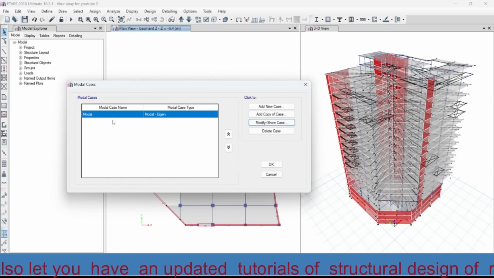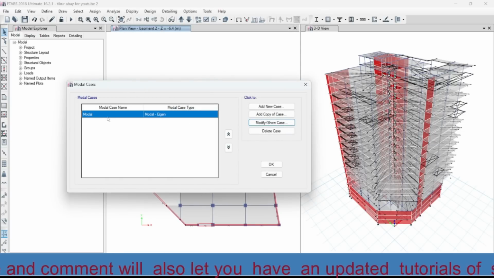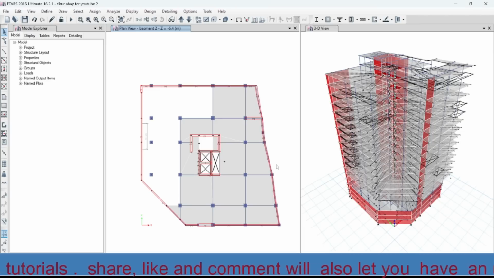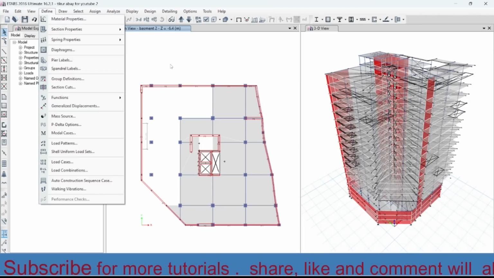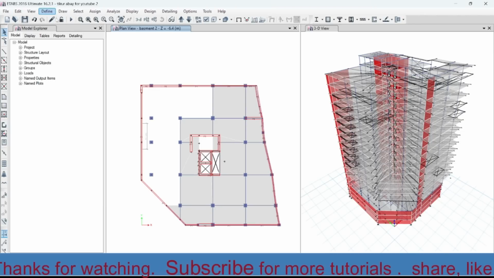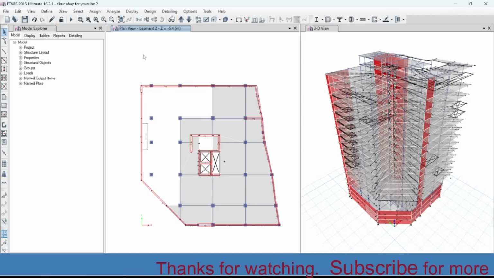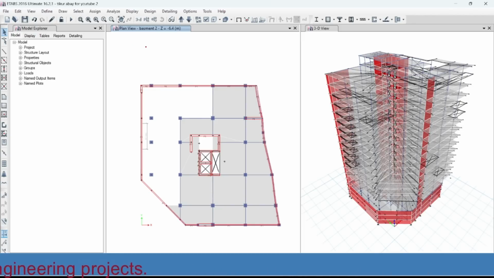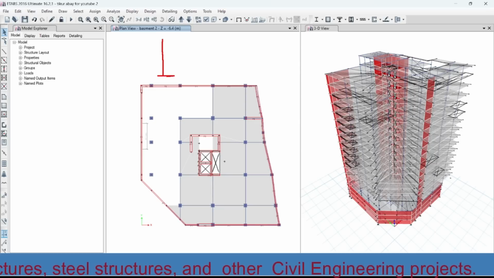Okay, so this is the modal case definition. Suppose here there is a building, suppose this is a structure.